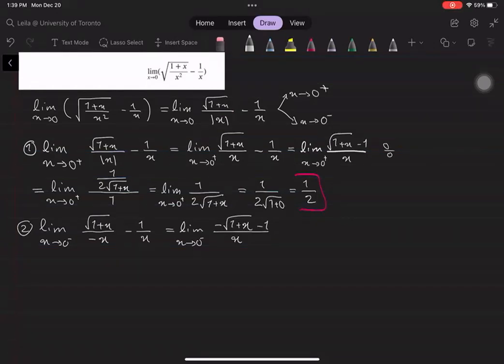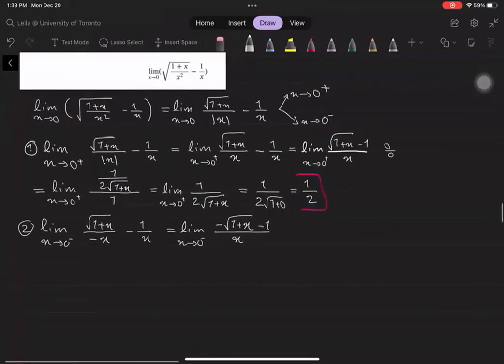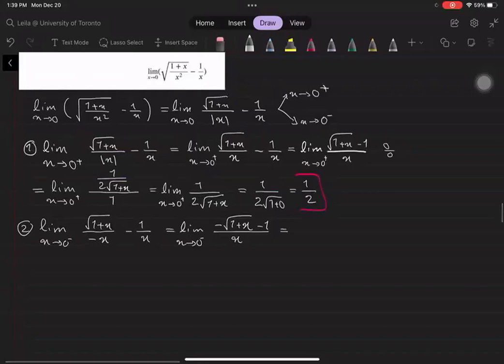When you put 0 in it, you have minus the square root of 1, minus 1.